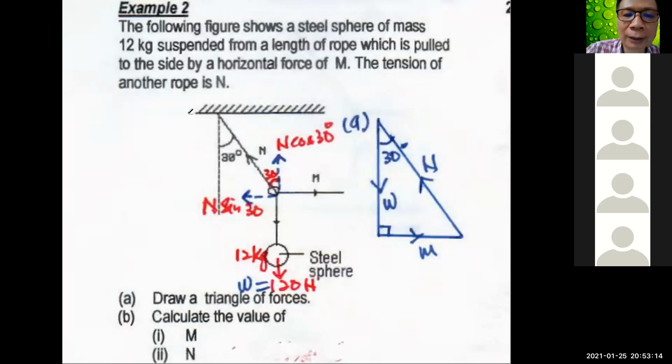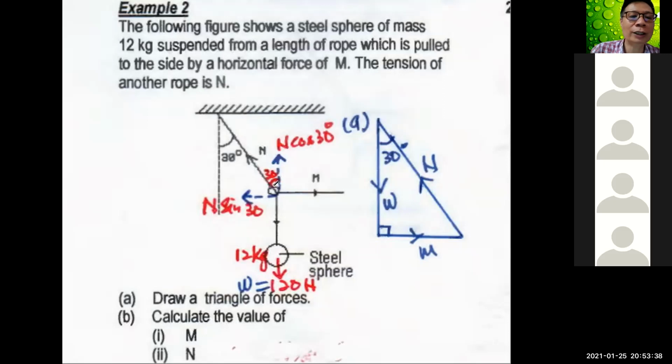I say it again. When the force is already following the Y direction or the X direction, you don't need resolution. Don't need to split it out. Only this force N you need to break out, because this is not the vertical Y direction, not the horizontal X direction.